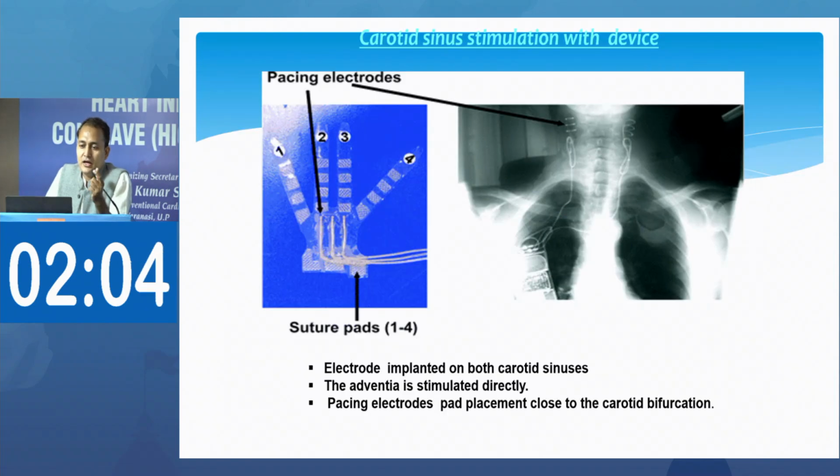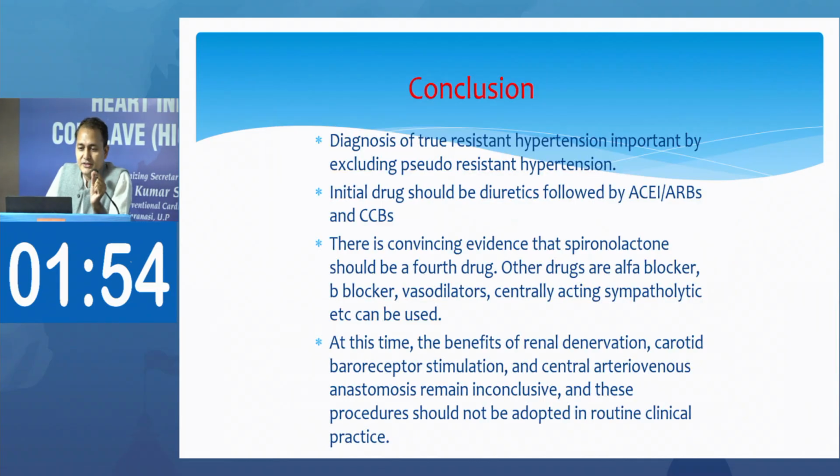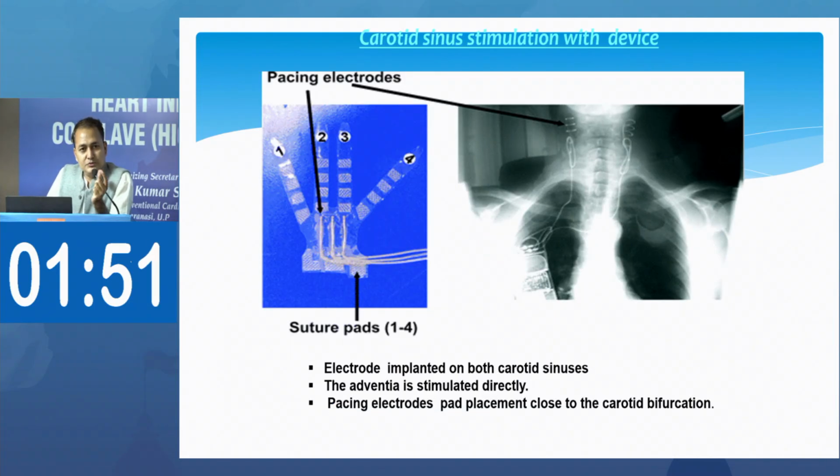Another is carotid sinus stimulation, that is a pacemaker like thing, where we implant a stimulator in both the carotids, and pacing this device is shown to reduce blood pressure. So these are device based therapies.